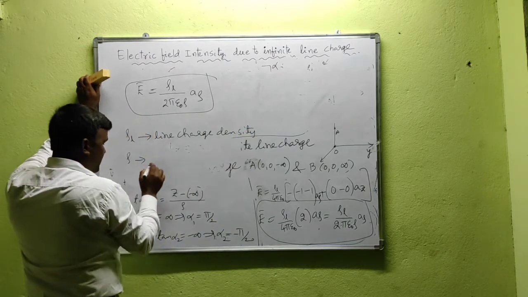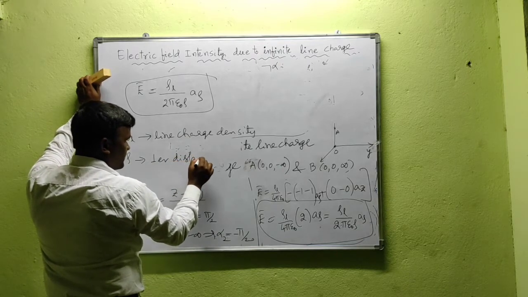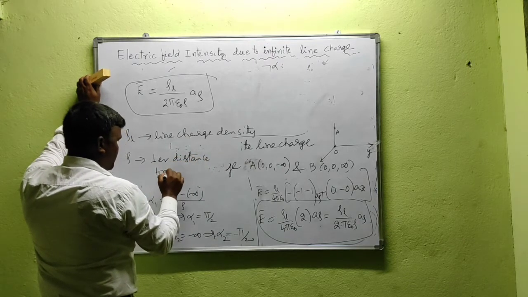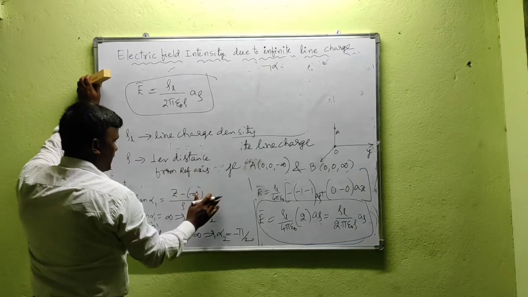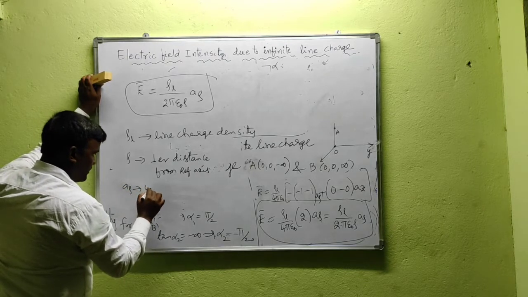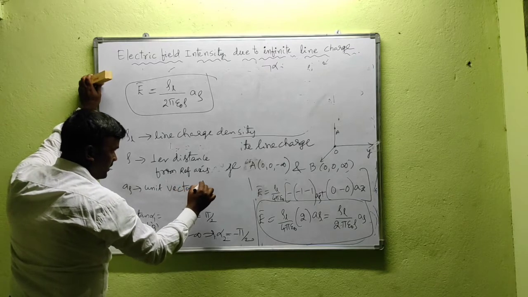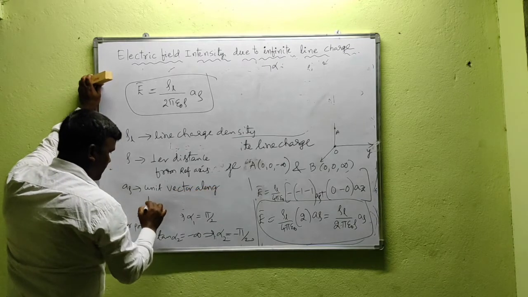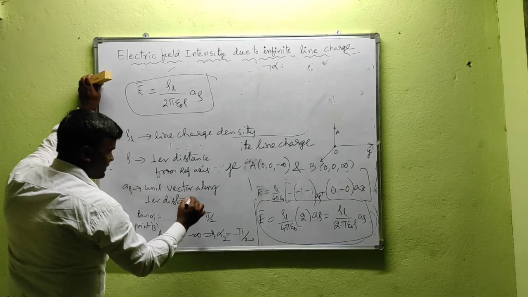Rho is the perpendicular distance from reference axis, and what about A rho? A rho is the unit vector along perpendicular distance from reference axis.